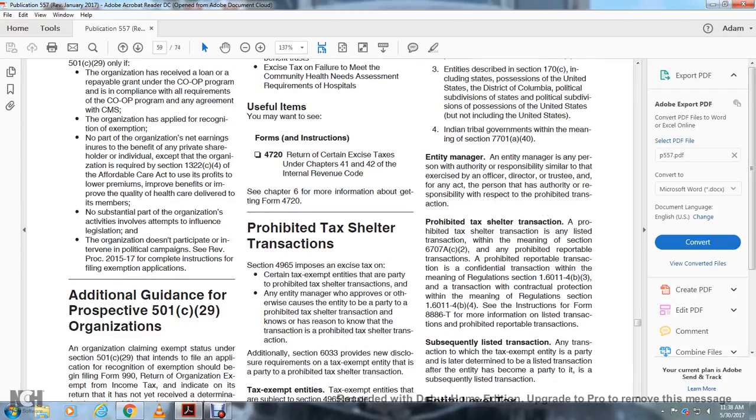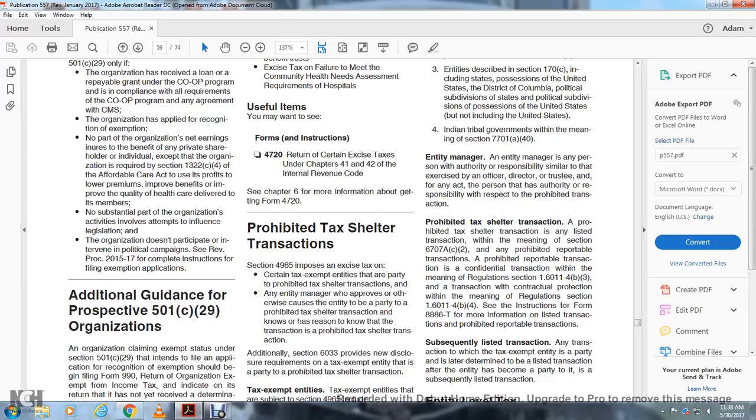Entity manager. An entity manager is a person with authority and responsibility similar to that of an officer, director, or trustee, with respect to prohibited transactions. Prohibited tax shelter transaction. A prohibited tax shelter transaction is a listed transaction within the meaning of Section 6707A(c)(2), or a prohibited reportable transaction.